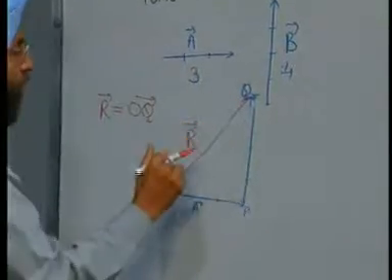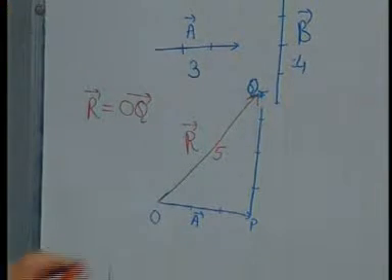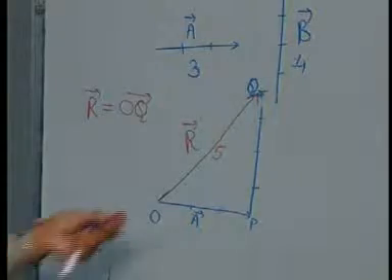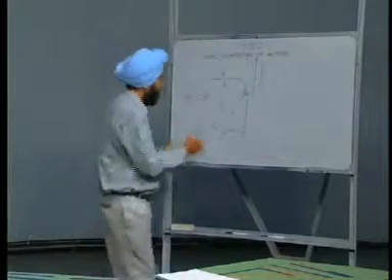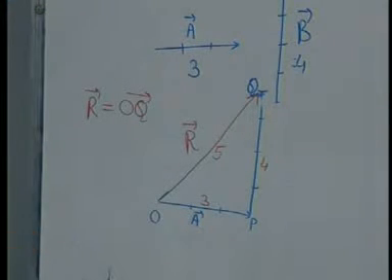Magnitude of OQ is, when we measure, this will come out to be from Pythagoras theorem equal to 5. 3, 4: 3 square plus 4 square under root is 5.